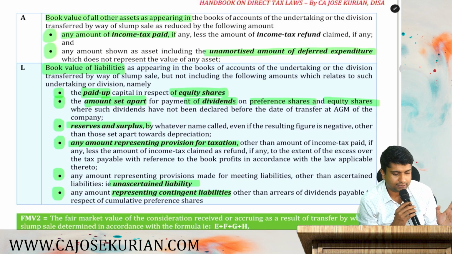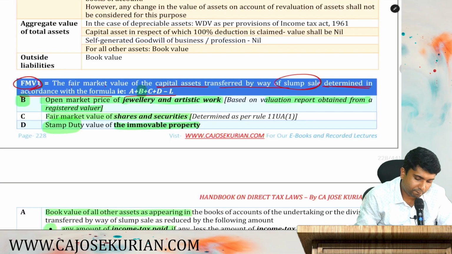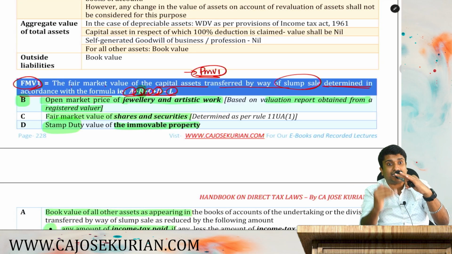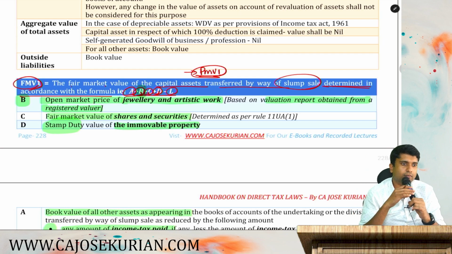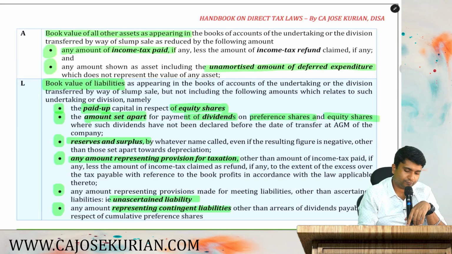So we got A plus B plus C plus D minus L, and that is FMV1. That is the net worth or fair market value of the net assets that we have transferred. Now we need to compute FMV2.